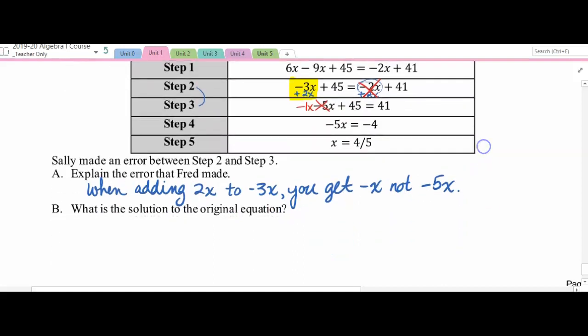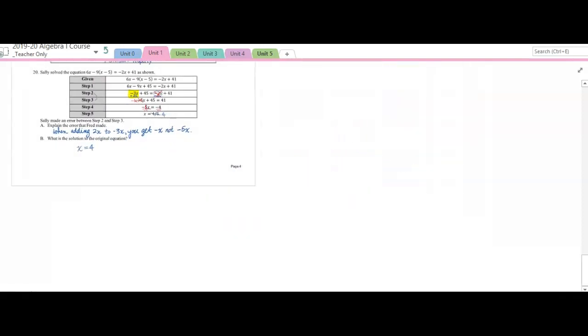So now we have to solve it the rest of the way down. We know that all of these negative 5x's should be negative 1. So when we divide by negative 1 on both sides, we end up with x equals 4 for our final answer.